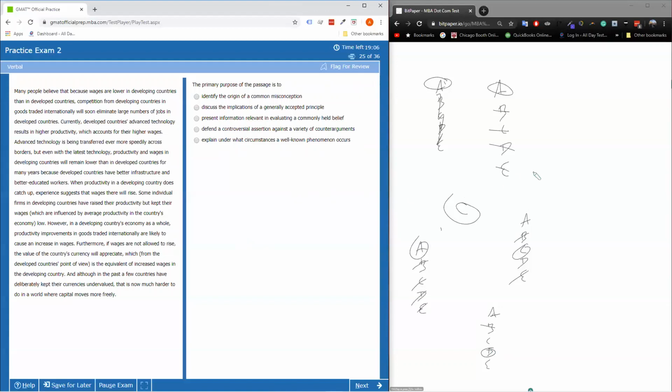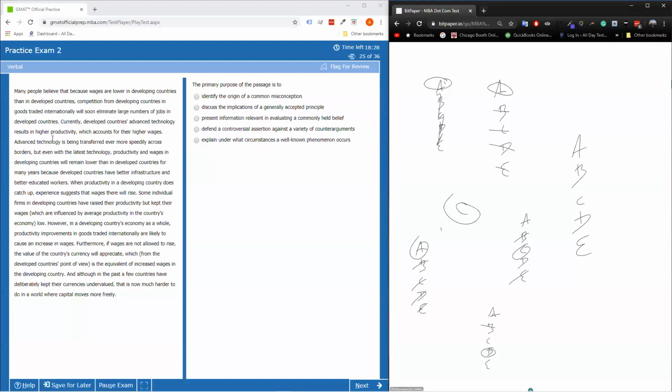The primary purpose of the passage is to new passage. Many people believe that because wages are lower in developing countries than in developed countries, competition from developing countries in goods traded internationally will soon eliminate larger numbers of jobs in developed countries. Many people believe that because wages are lower in developing countries, competition from developing countries and goods traded internationally will soon eliminate large numbers of jobs in developed countries.